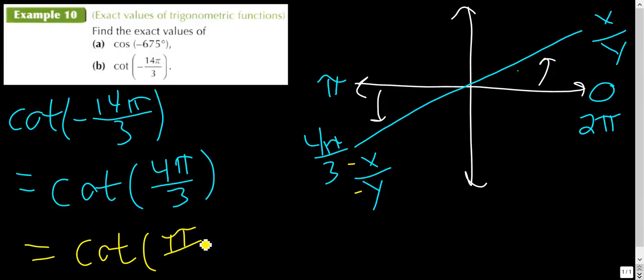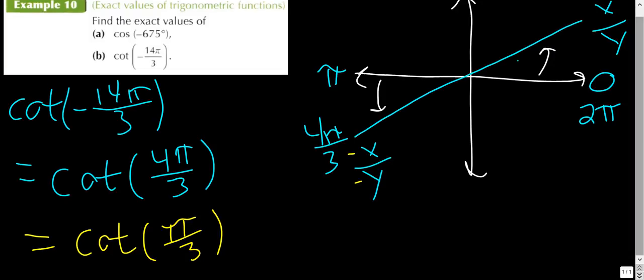Cotangent and tangent, because they rely on x and y, are the same on opposite sides, because whether I have a positive x and a positive y or a negative x and a negative y, I get the same thing, because a negative over negative makes a positive. So I've got this cotangent of pi over 3, which is great. I've got this value. I'm good to go.